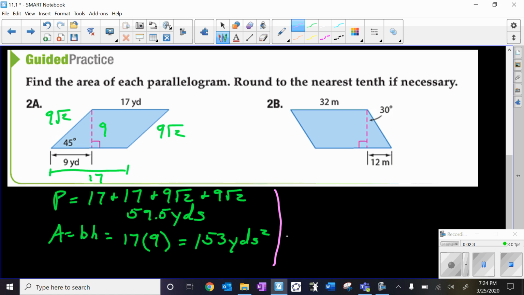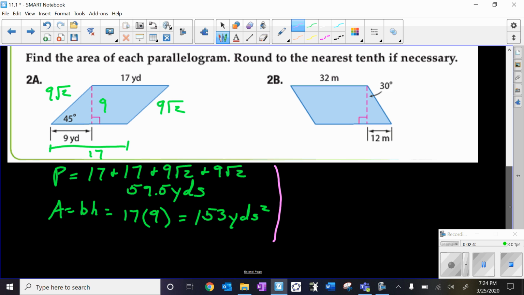Going on to 2B, we're going to do the same thing. We're going to find a perimeter and an area of this one as well. Scroll down just a little bit. For this one, you know that the bottom is 32. So I'm going to have 32 plus 32 for a portion of it. On your 30, 60, 90 triangle now, they give you the short leg, so they gave you x.